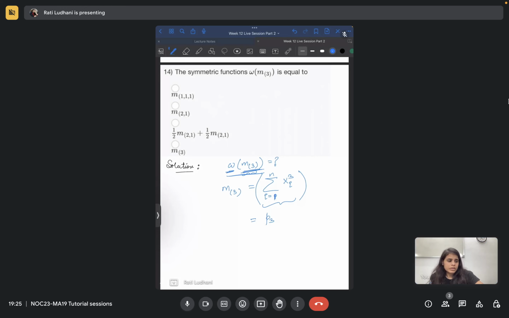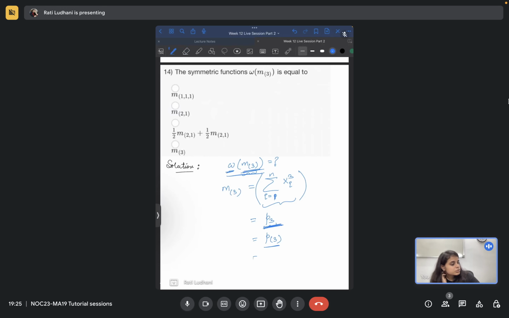So what we did, we wrote it in terms of p3, in terms of power sum. Now we can actually write it to be just p3, because this is just p lambda 1, p lambda 2. So p3 we can write in this form.